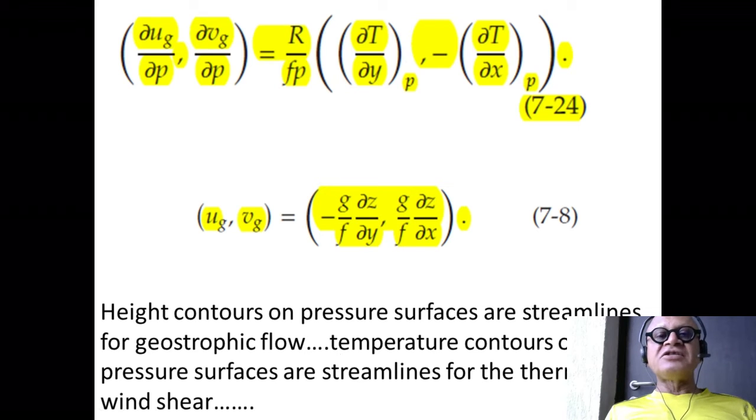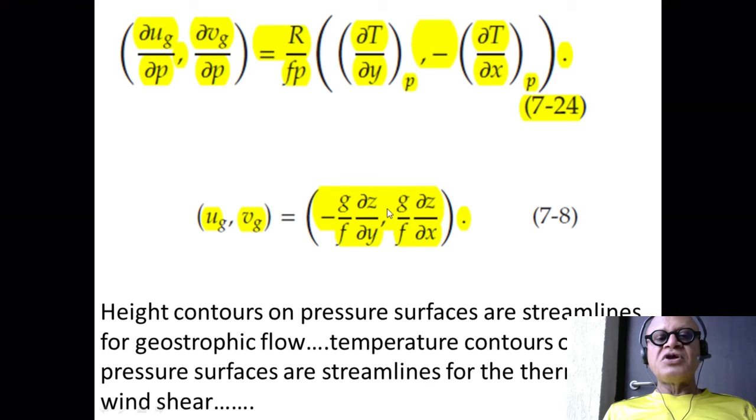We had even defined the stream function, and we had done the derivatives. Okay, what we are doing is now putting in a parallel. Temperature contours on pressure surfaces are streamlines of the thermal wind shear. Do you understand the difference?